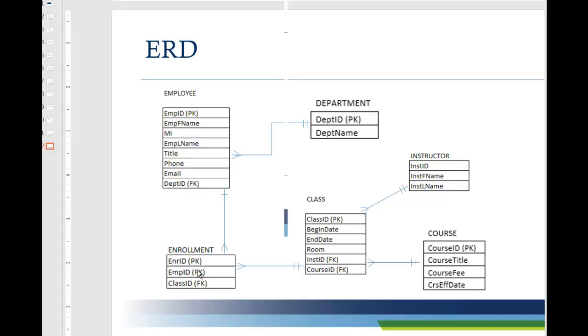By creating this bridge table, I break the many-to-many relationship into 2 separate one-to-many relationships. You have employee to enrollment as one one-to-many relationship, and then enrollment to class as the other one-to-many relationship. So be sure to use this ERD along with the attributes that I listed here to implement in the creation of your database.